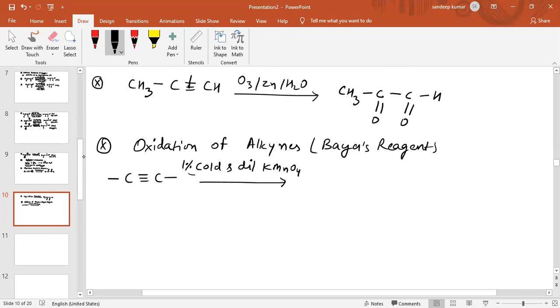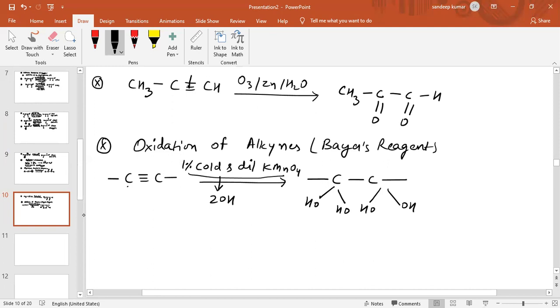This reagent basically provides two OH groups. So two OH groups will add on this carbon atom, and also two OH groups will add on the other carbon atom. It will be like this: a carbon carbon single bond with two OH groups on both carbon atoms.